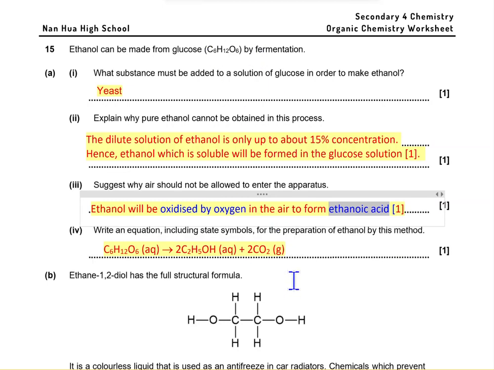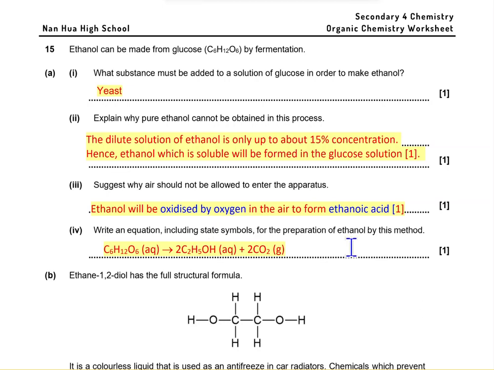You put the yeast, you ferment it to ethanol, and then you stir the fermented rice and expose it to oxygen in air, and then it further oxidizes to ethanoic acid, which is vinegar. That's how they make vinegar from the rice itself. So just take note, it can be oxidized by air.